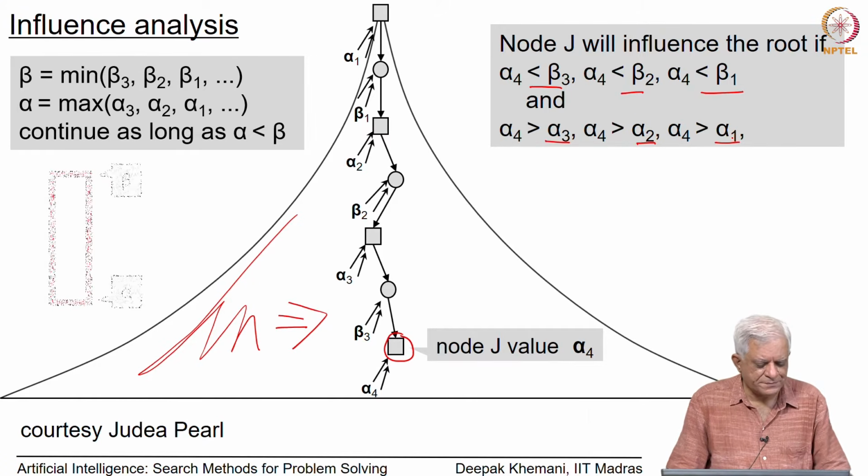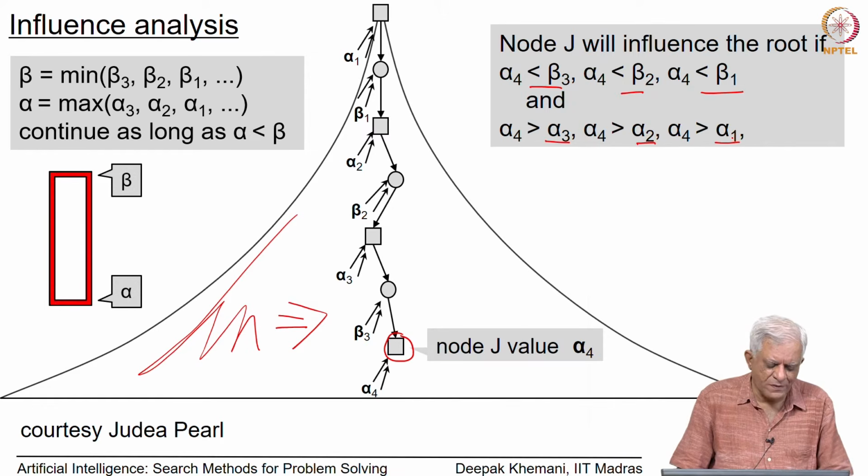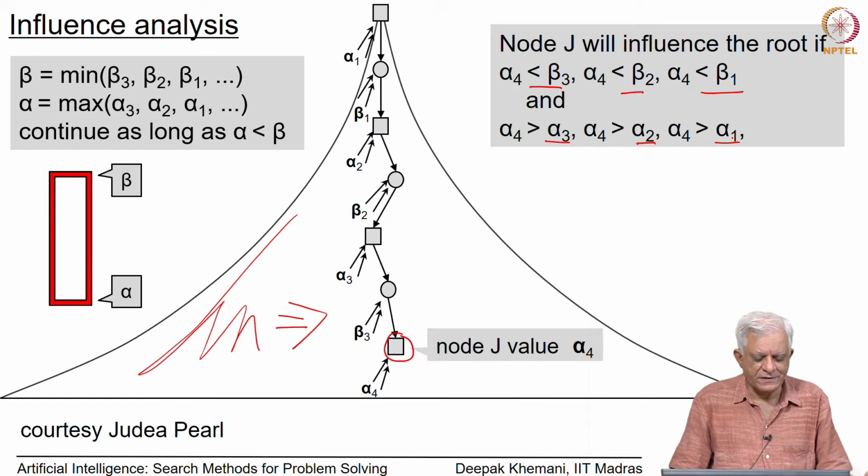In other words, we can think of a window where the lower end is alpha and the upper end is beta, and every recursive call gets these two bounds alpha and beta, and it is meaningful to search only as long as the window is open, which means that beta is greater than alpha.